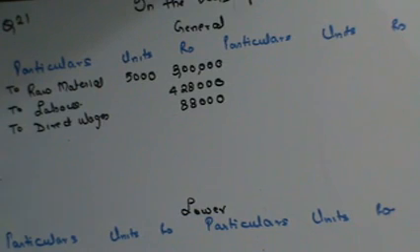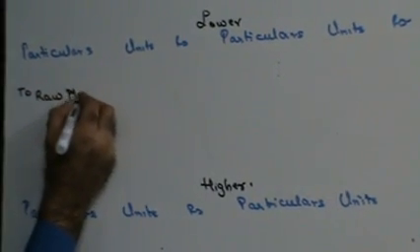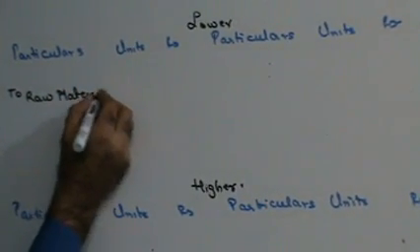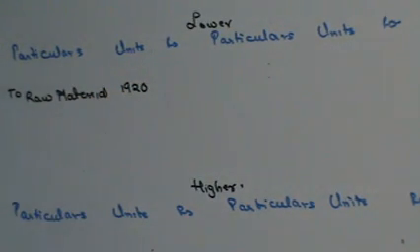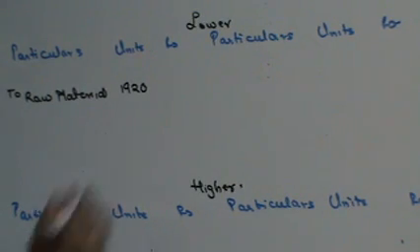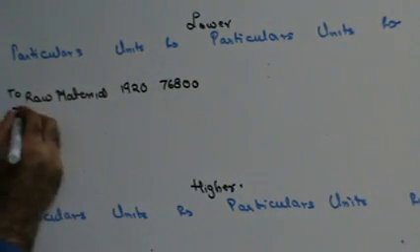Let's move on to the lower process. Raw material is 1920 units at the rate of 40 rupees per unit. So 1920 and 40 will give you 76,800. Then you will have labor.